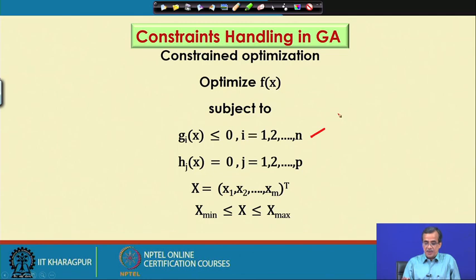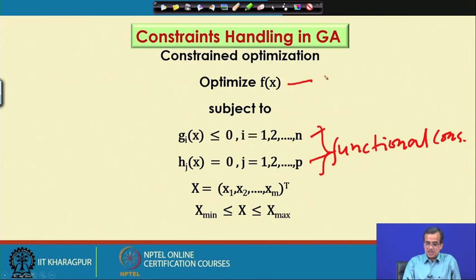So, this is one functional constraint, and this is the inequality constraint. Next, we have h_j(x) equals 0, j varies from 1 up to p. Now, this is the equality constraint. So, these are nothing but the functional constraints.